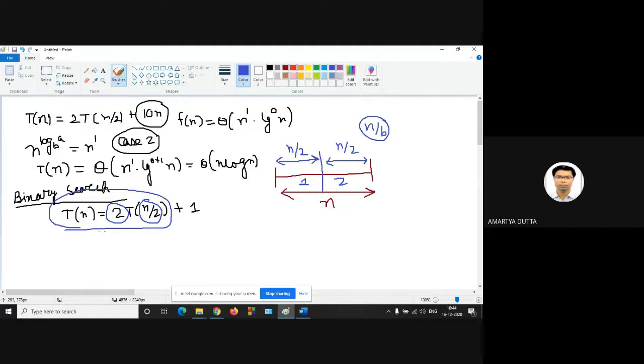In case of binary search, suppose your key value lies in the second part, so you have to discard the first part. Then you again divide, and let your key value lie in the first part of the second part, so you have to discard the other part. Again divide.